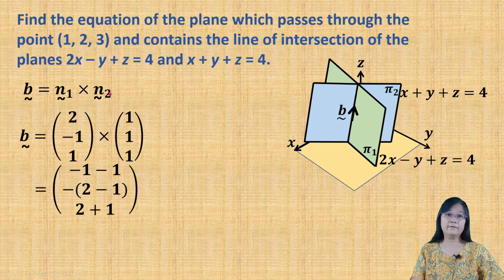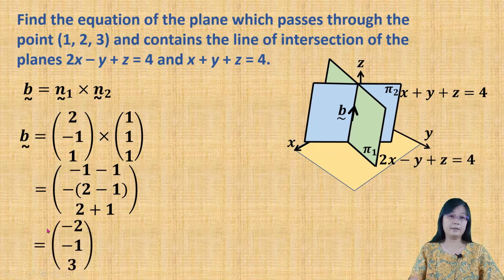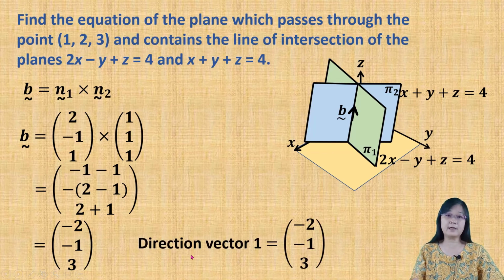And the normal of the second plane is 1, 1, and 1. So when I simplify, I get the vector product negative 2, negative 1, and 3. So this is the direction vector of the intersection line, which we can take as the first direction vector of the plane.